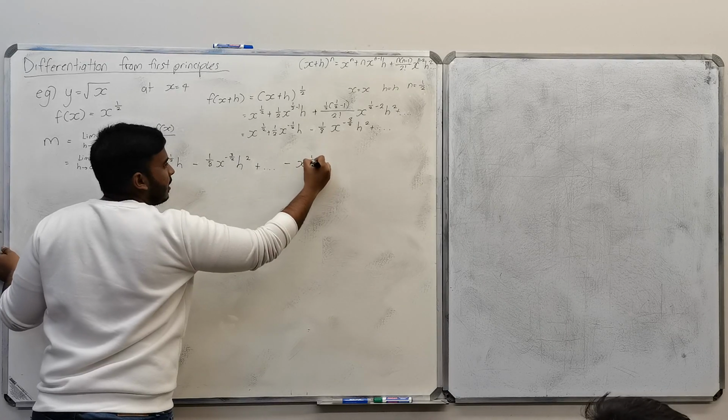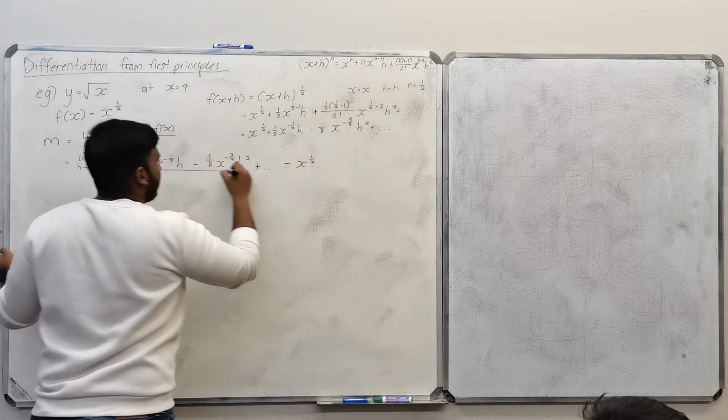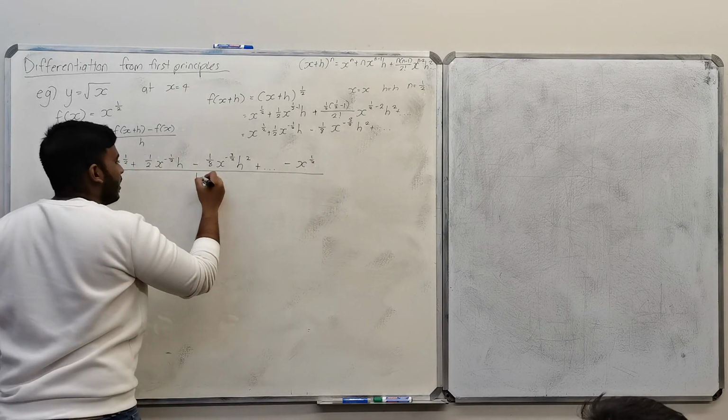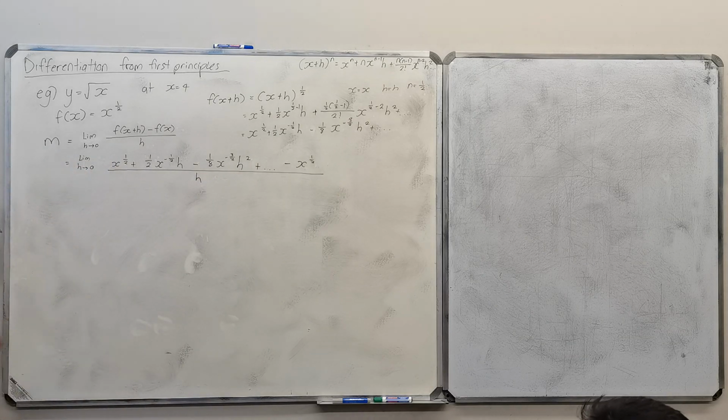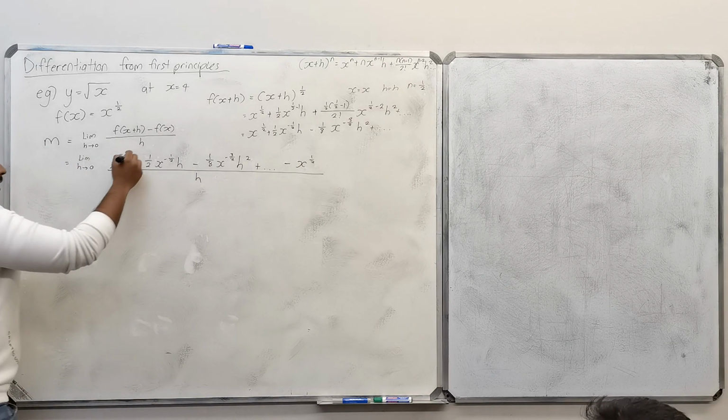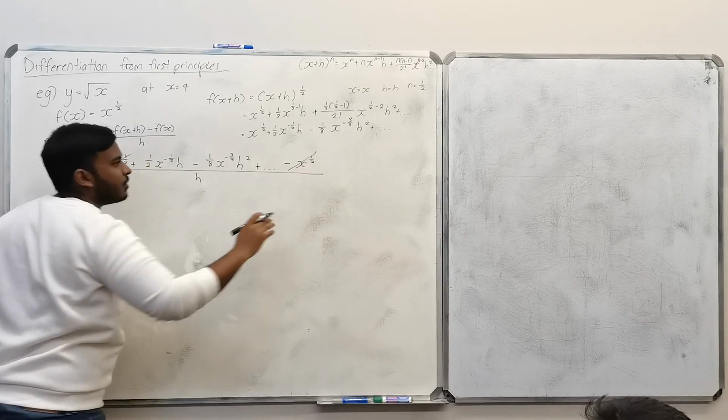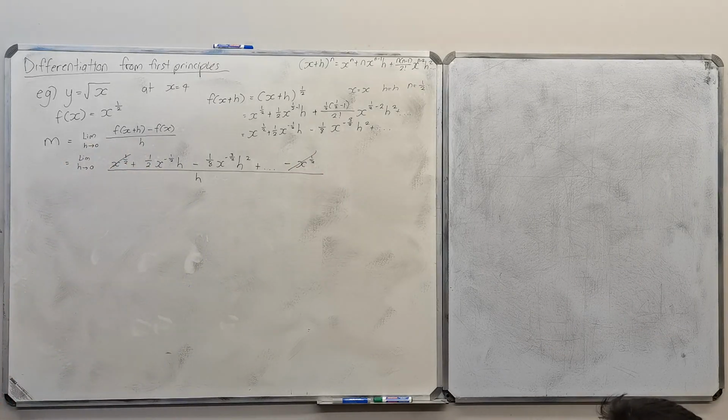All over h. Now it's going to happen that the x to the power half terms are going to cancel. You'll even see, when you're doing it, that at your third line you should have only factors of h over h, right?